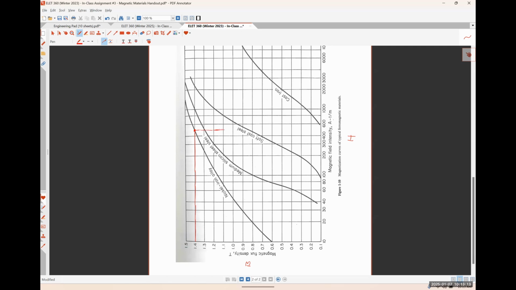That's going to tell me what the corresponding H field is. It looks to be somewhere halfway between these two lines, so we're just going to make an estimation. To me, this looks to be halfway between 400 and 600, so we'll use 500. Okay.